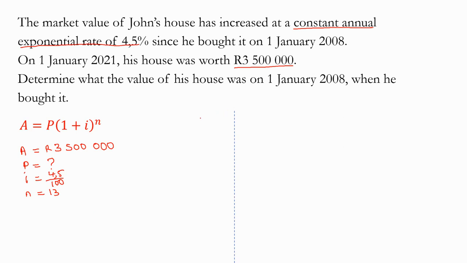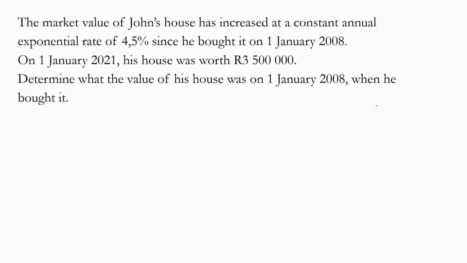So what we have, A, 3,500,000 is equal to P, that's what we're looking for, times (1 plus I), which is 4.5%, and then the exponent there is 13. You see that? We have substituted into the formula. And then we have to now solve for P. How do we do that?